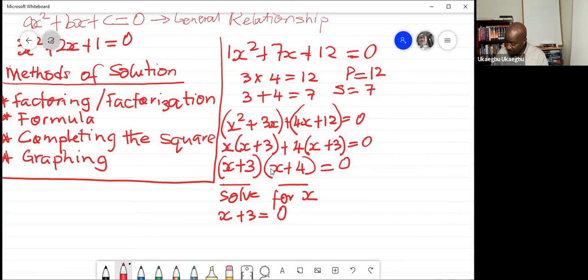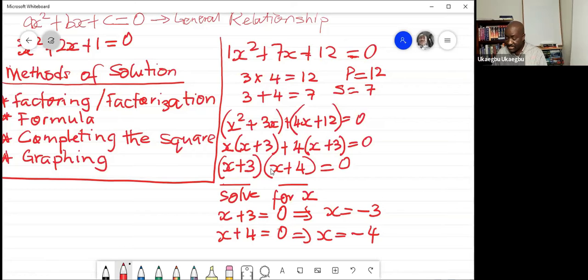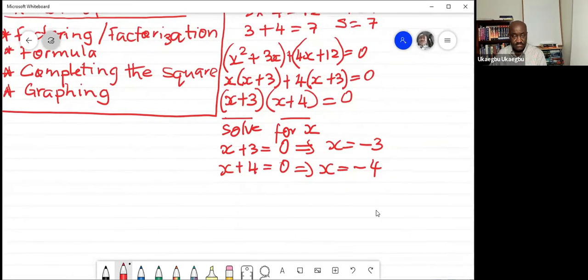And then x plus 4 is also equal to 0. This gives us x is equal to -3, and this gives us x is equal to -4. All I did is transfer 3 to the other side of the equation, and it gives me negative. That's all I did. Any questions so far? No, sir.